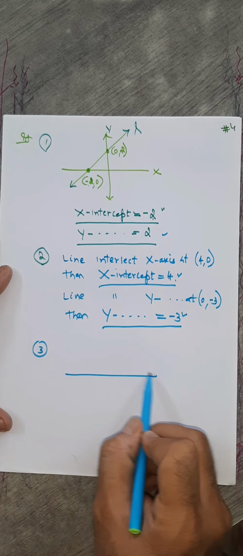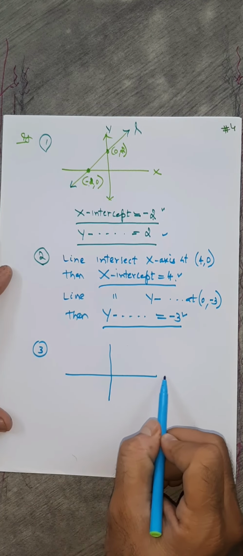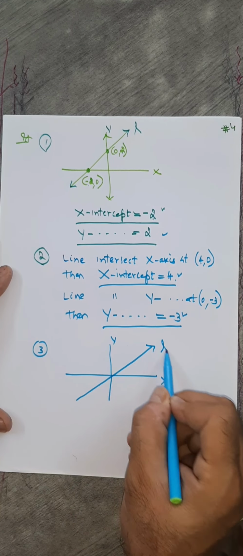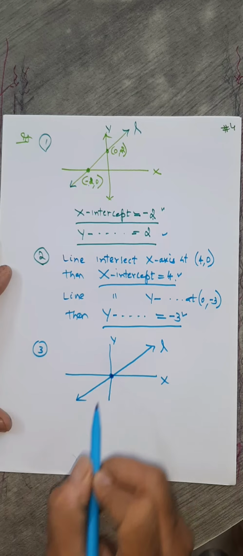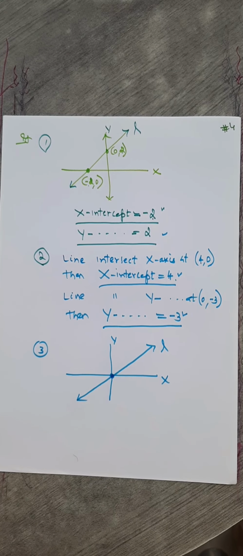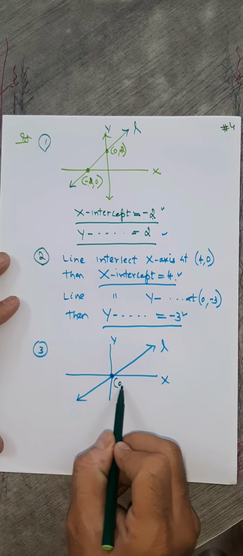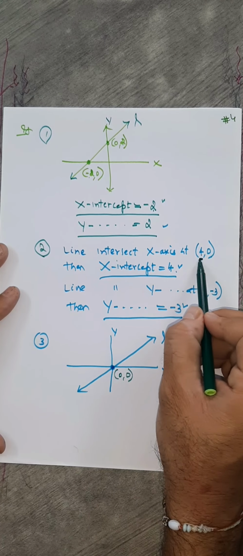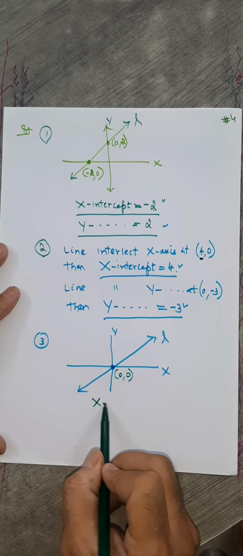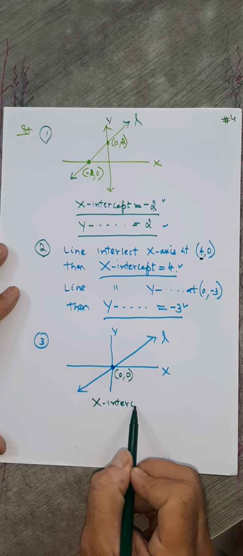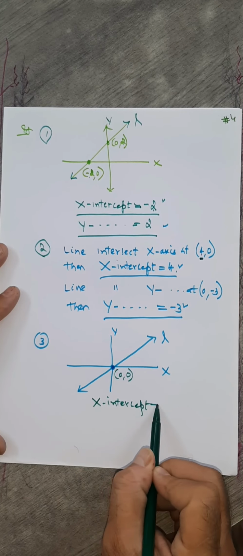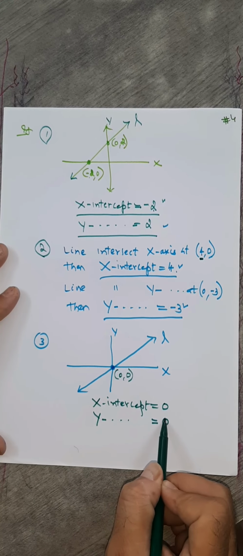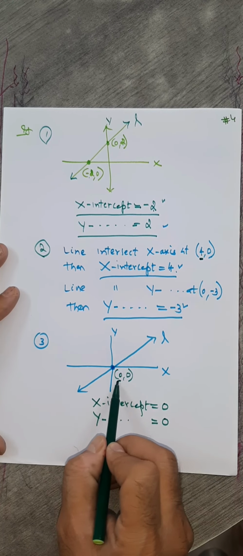Now answer me. If I have a line like this, then what are the intercepts? Can you predict? It passes through the origin. What are the intercepts? It passes through the origin 0 comma 0. So for the x-intercept, you need to take the x coordinate. So what is the x-intercept? The x-intercept here is 0, obviously. And what is the y-intercept? It is 0. Where does the line intersect the x-axis?